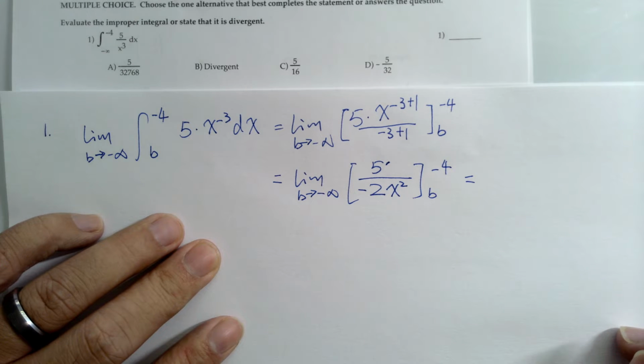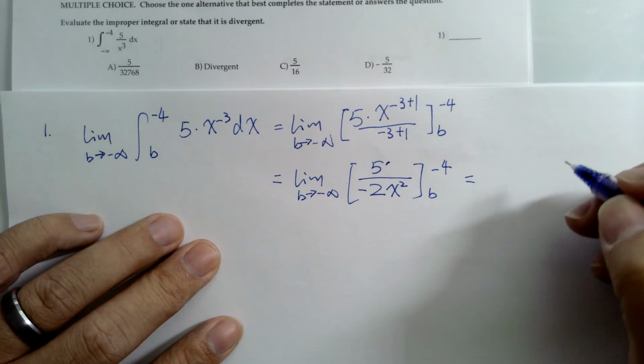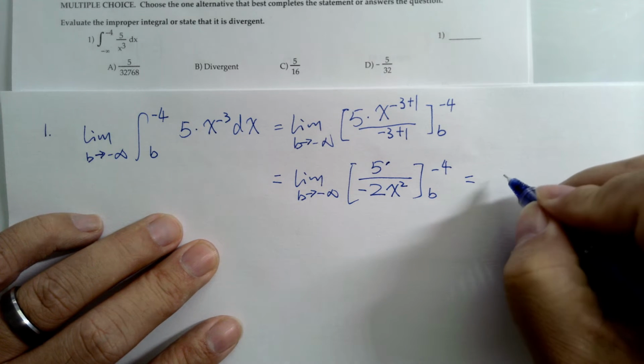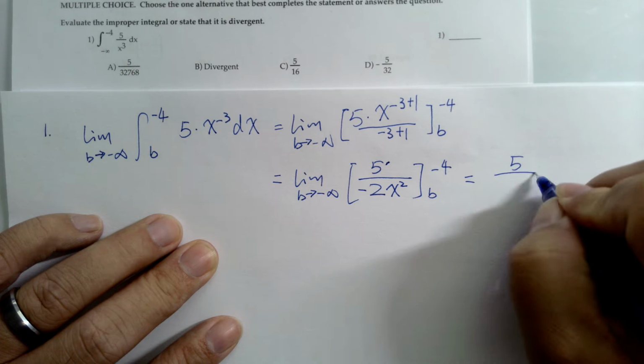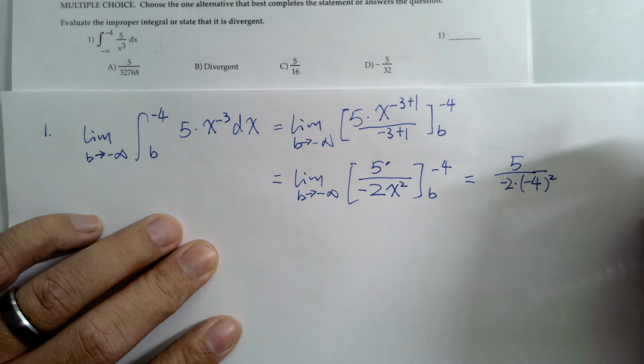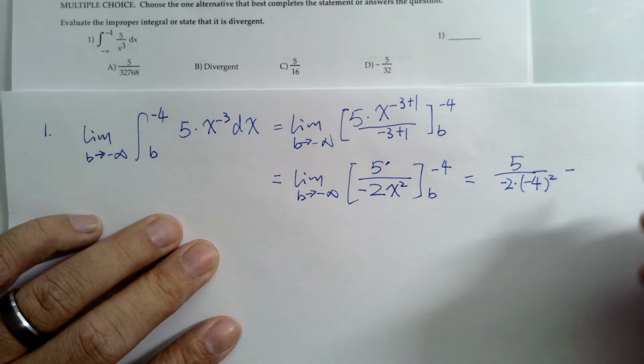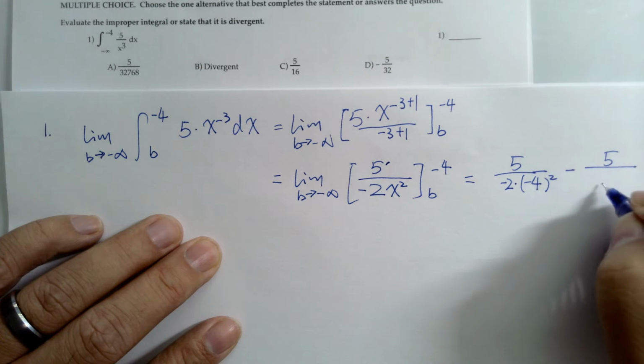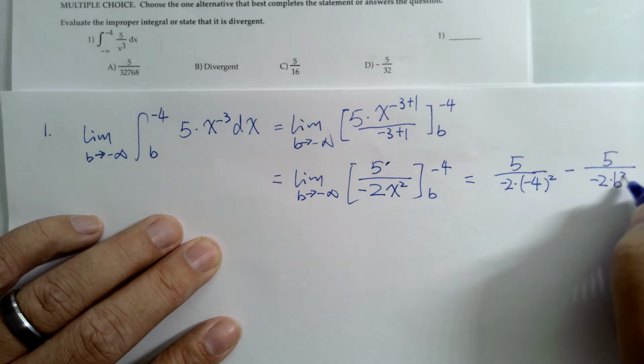So if we put negative 4 there, what do we get? We're going to have 5 over negative 2 times negative 4 squared, right? And then minus 5 over negative 2 times b squared, right?